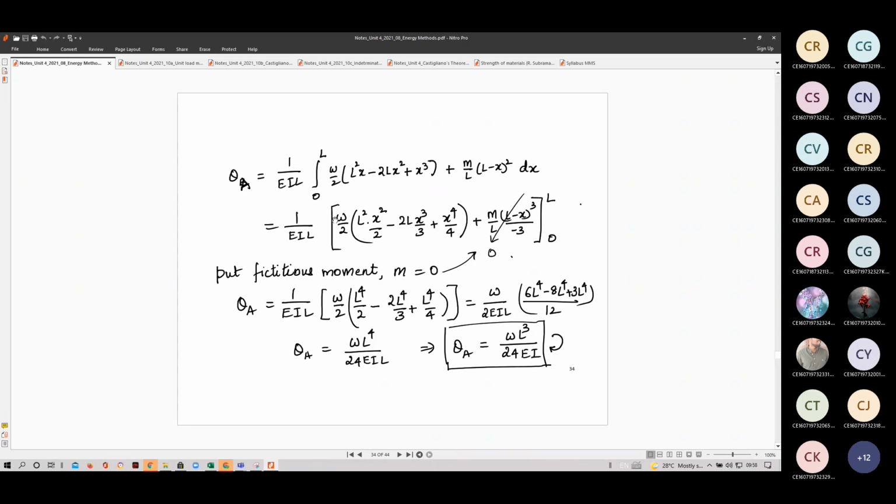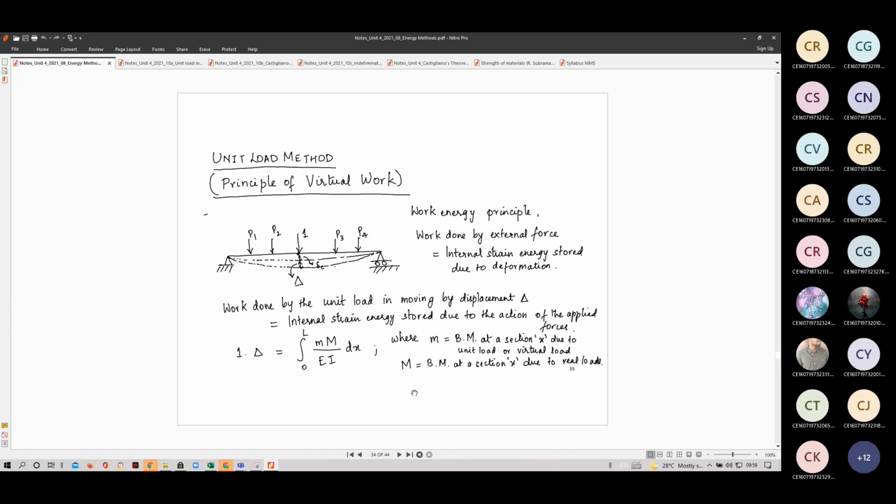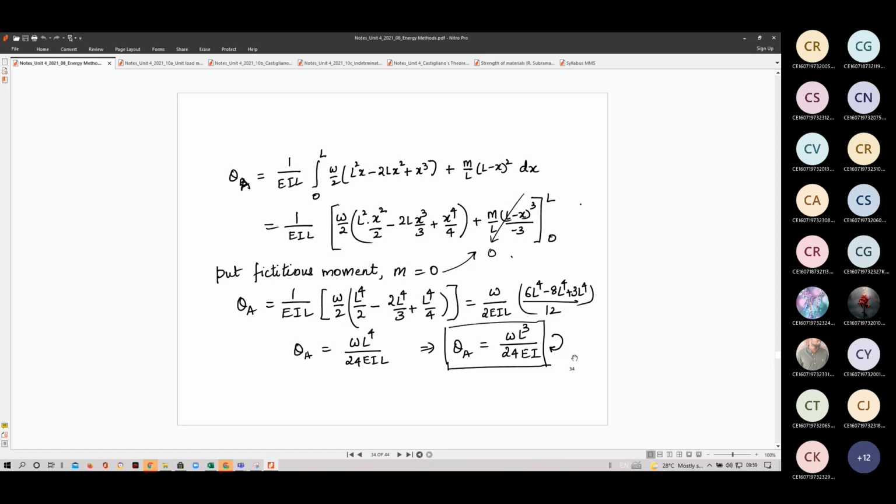We simplify and then finally put the fictitious moment to be 0 and simplify the terms. We get the same expression which we got in the first unit. Theta A is WL cube by 24 EI. Like that theta B also we can find, where theta B will be minus of theta A.